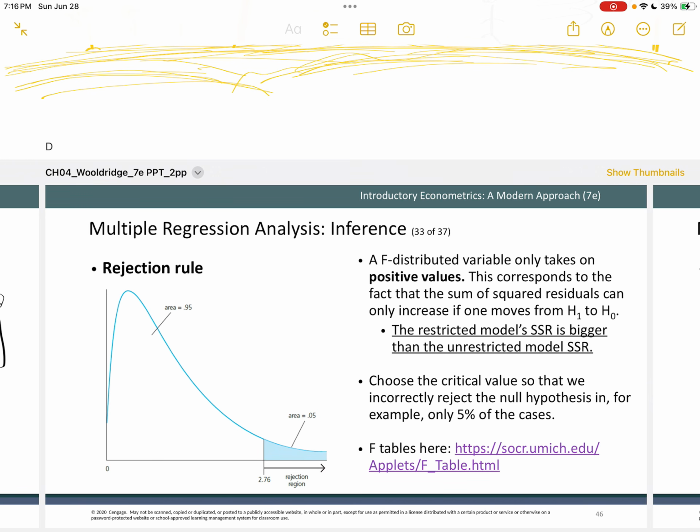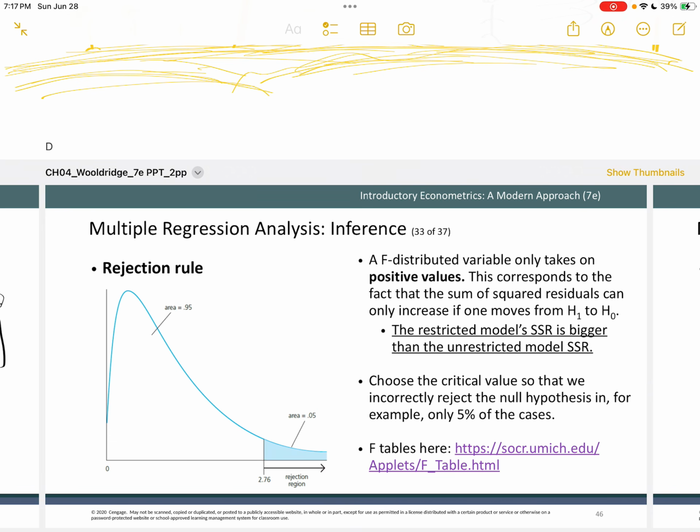Now there's an F table, and people in my class can click on this link to see the F table. Others online can go into AI and look at that F table. But the F distribution looks like this.